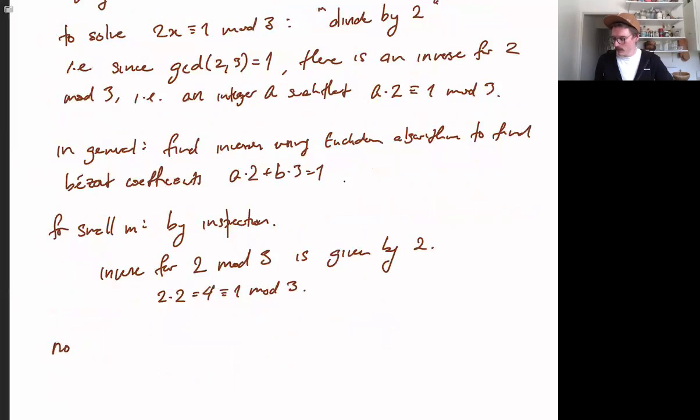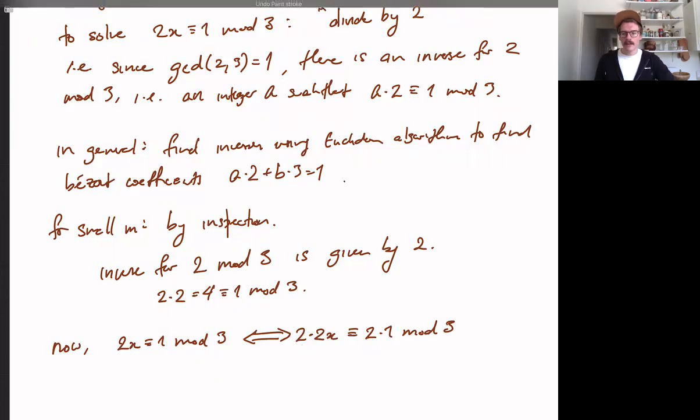And now, what do we use this inverse for? Why did we want to find this? The point is that if we multiply both sides by the inverse, 2 times 2 times x, okay, then we get an equivalent congruence.